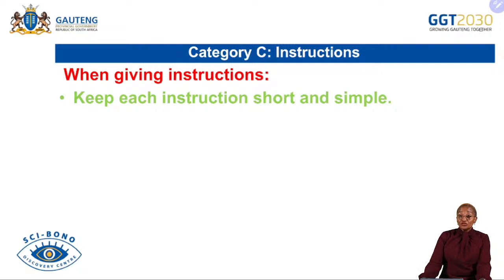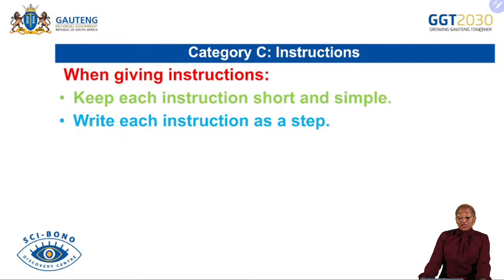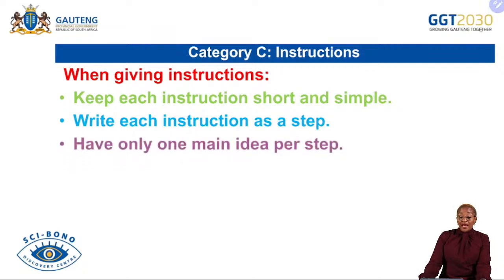It has to be very short, simple, without losing meaning, by the way. Write each instruction as a step. Have only one main idea per step. Don't write a number of instructions in one step. Make it a point that each and every step has only one idea.